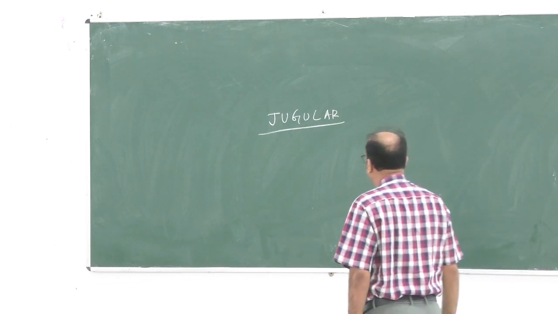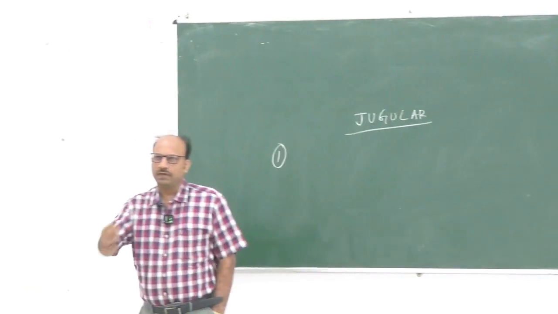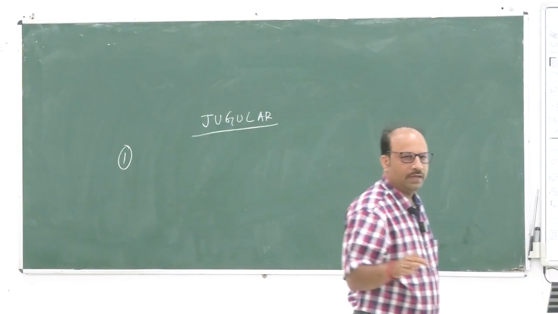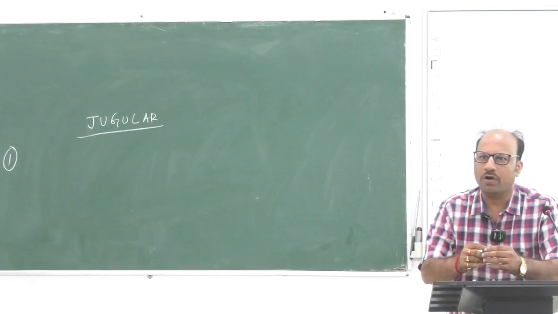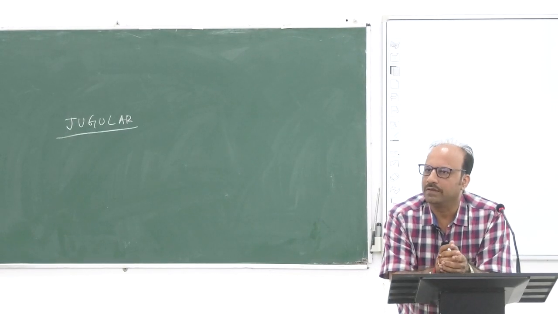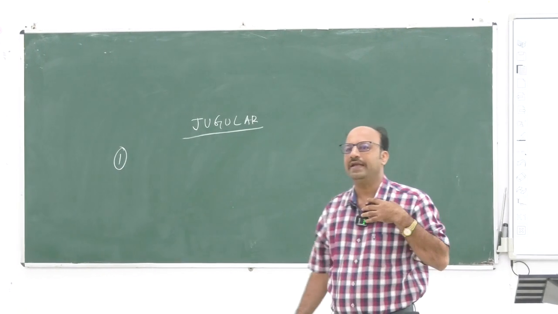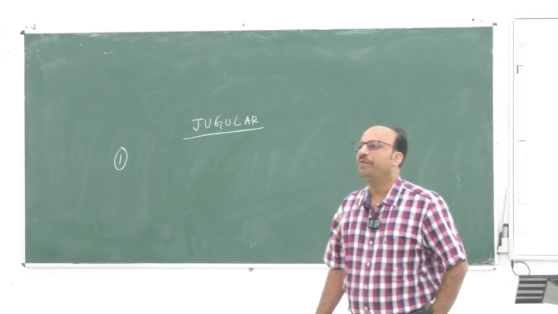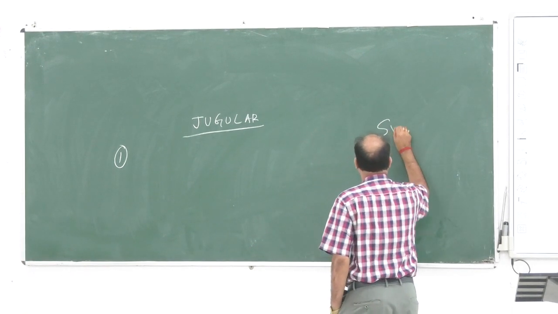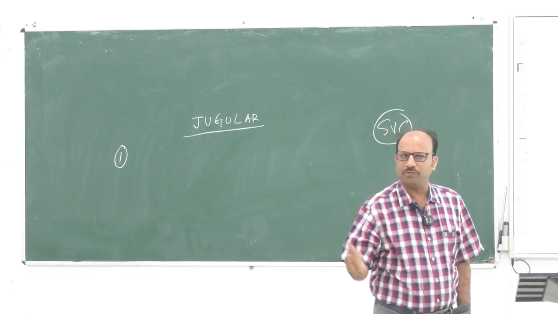How many jugular veins are there in the neck? You are all sitting, is your jugular vein visible or not? Not visible, because the blood falls through this vein into the superior vena cava, in the right atrium of the heart.